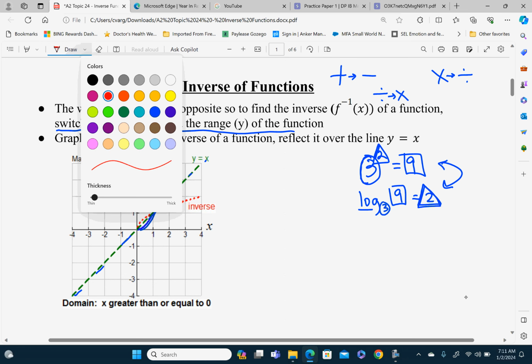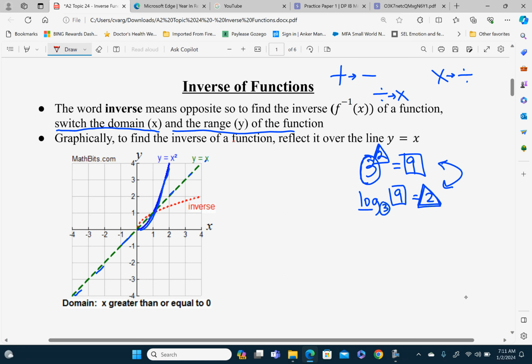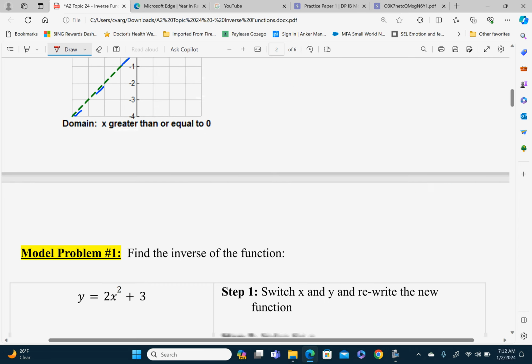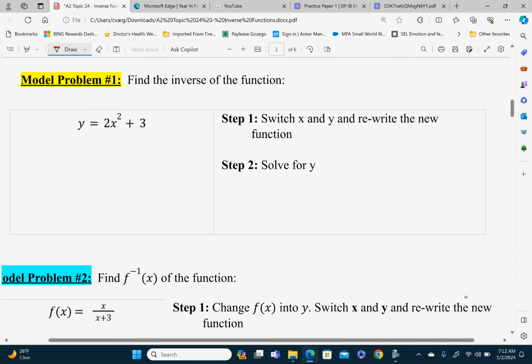And if I were to reflect it over the line y equals x, which is the straight line that is in green, then the inverse is going to look like this line in red, okay? And the equation, the opposite of square is square root, so y equals the square root of x is going to be the equation of that function that's in red. All right, so again, we'll go through this in a little bit more detail.